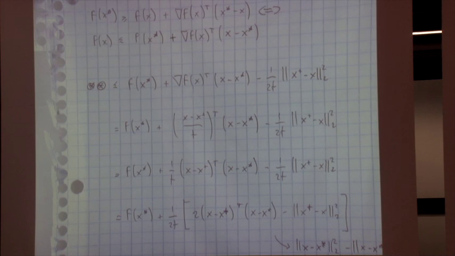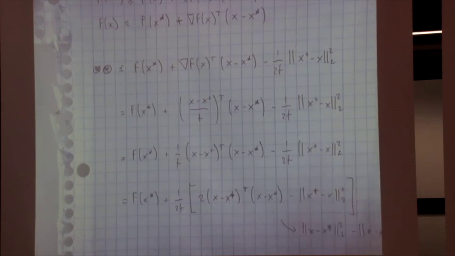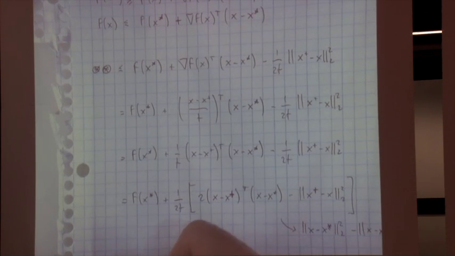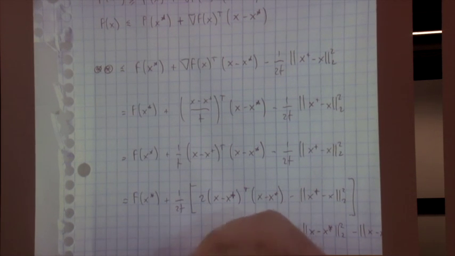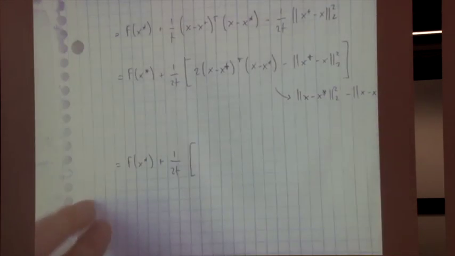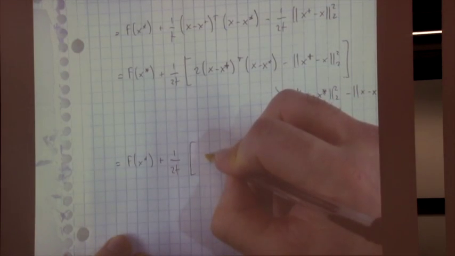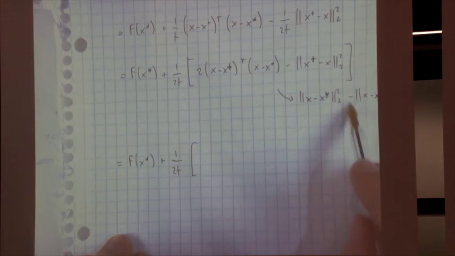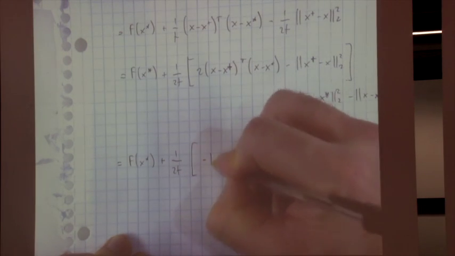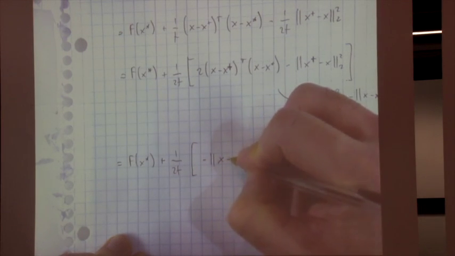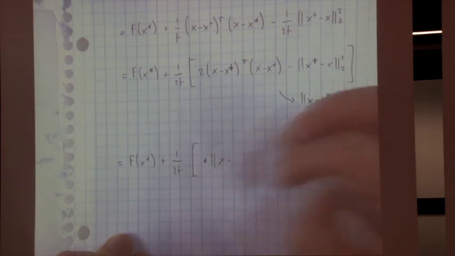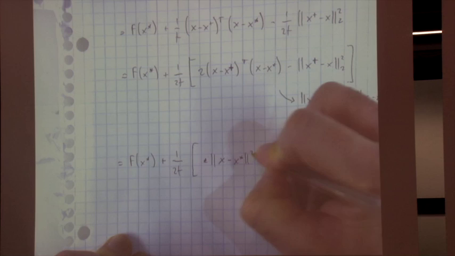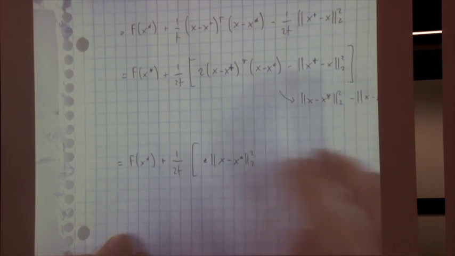So that I can rewrite this as f of x star plus 1 over 2t times this piece, minus the square norm of x minus x star, plus this minus the square that I just completed.